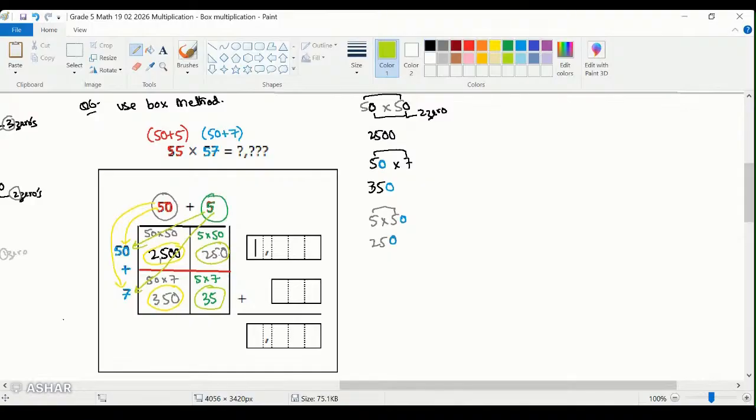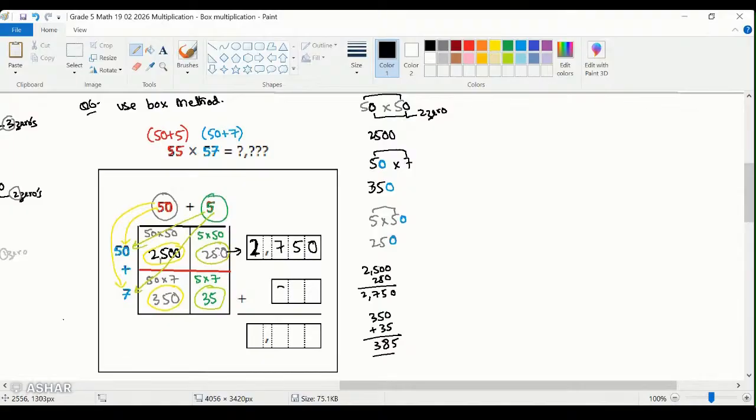Okay. When we add these two numbers together, 2,500 plus 250 would be 2,750. And 350 plus 35 would be 0 plus 5 is 5, 5 plus 3 is 8, and 3.